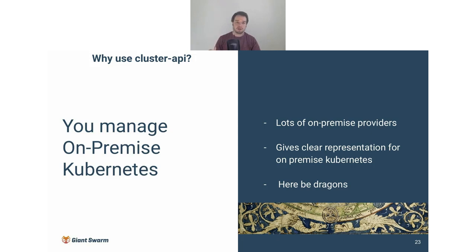But Cluster API enables you to have different on-premise providers and gives you a clear representation of what your clusters are on-premise. There are different on-premise providers which were already shown before, like Metal 3 or Equinix Metal, which build on top of Cluster API and implement Cluster API to give you these benefits of a cloud-like infrastructure, but in your own premises.